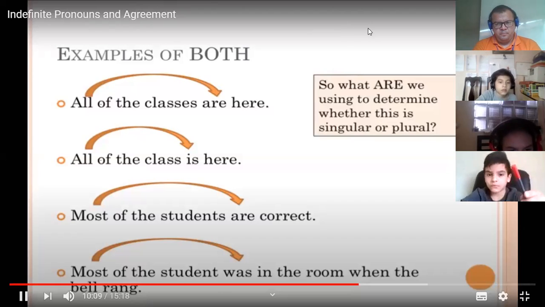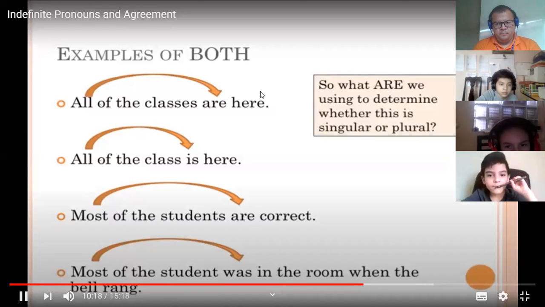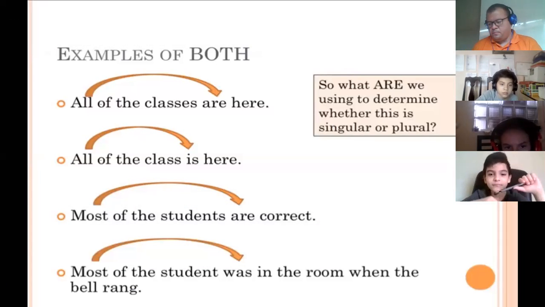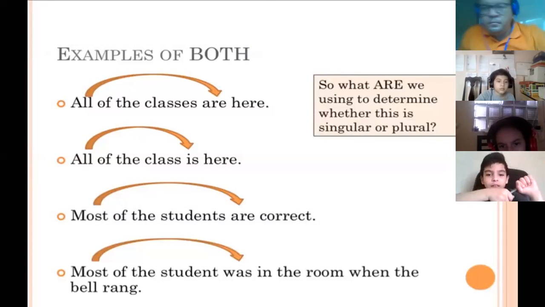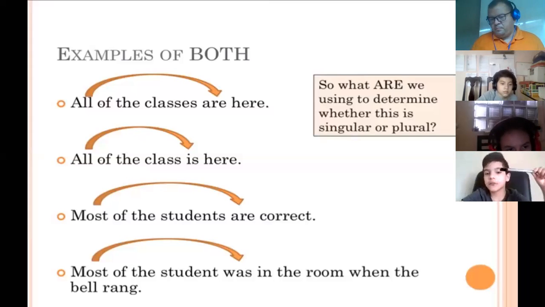So if you notice in the first pair, it says all of the classes are here, as in many classes are arriving at a school assembly or something. The bottom one, all of the class is here. Even though it's multiple students in a class, it's still just one singular class. Therefore, in the top one, all is plural. There's more than one. So it's all are here for the assembly.